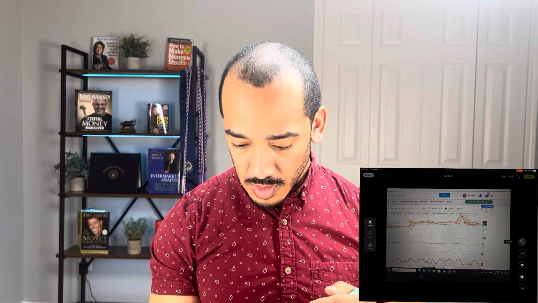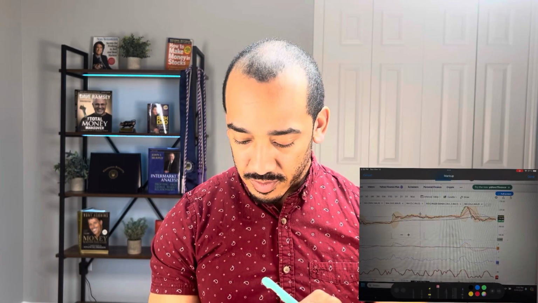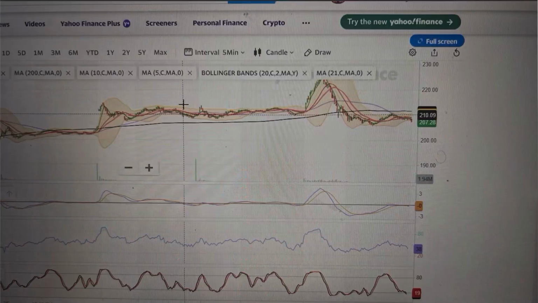All right, so now let's look at some moving averages, right? So on this chart, I got the 50-day moving average, I got the 200 moving average, and I got the 10, 15, and 5 as well. But we're only talking about the 50 and 200 moving average, right?